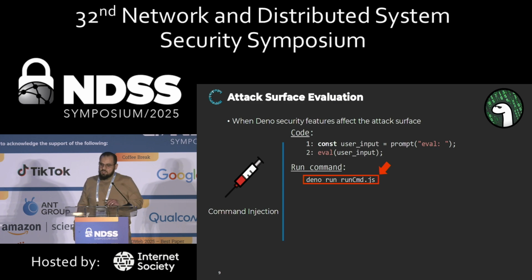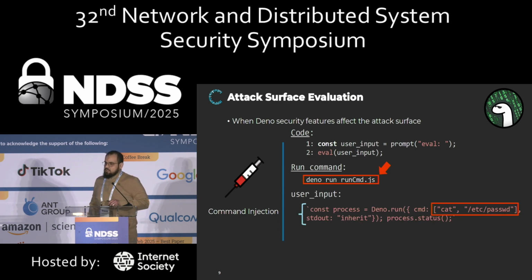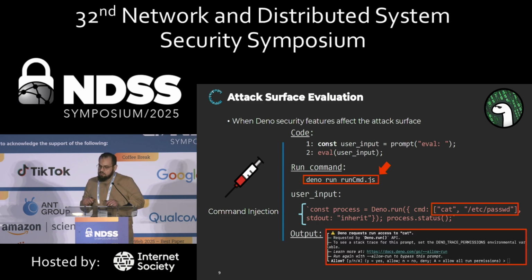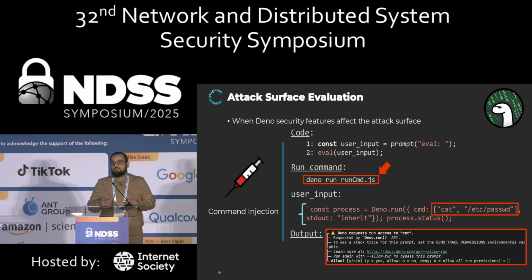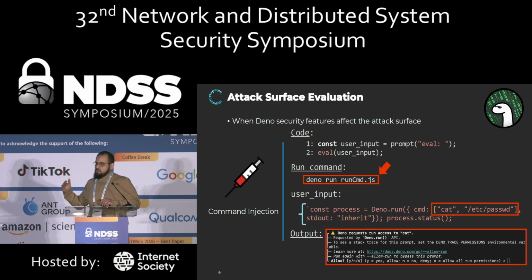The permission system of Deno does permission checks on the runtime by default. So if we run this code and consider an attack that tries to read /etc/passwd, the permission system will check these system calls and then give a prompt message to the user, where it is his own choice to allow it or not.